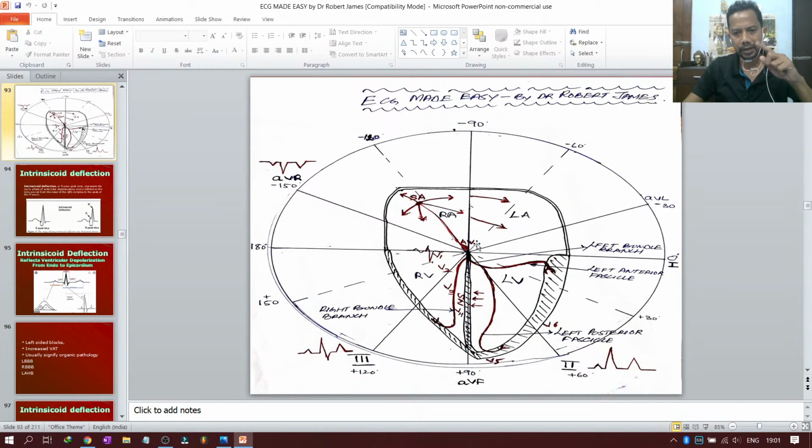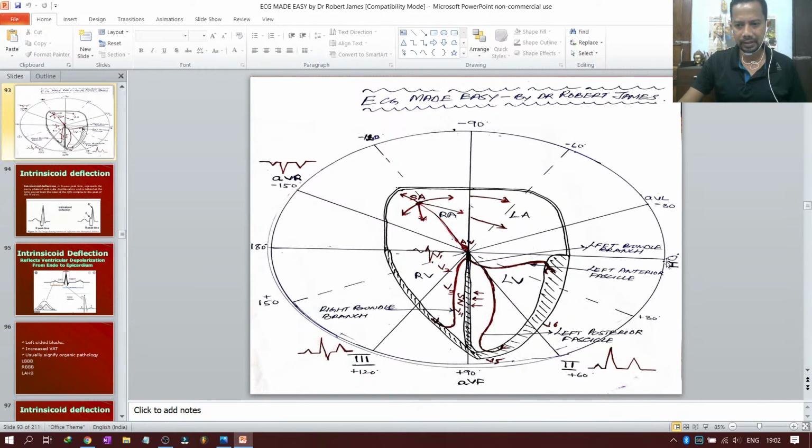Now we come to right bundle branch block. So we have blocked the right bundle branch out here, and what will happen? The right bundle branch is blocked, so now the current is coming from the left bundle branch to stimulate the right ventricle, because the right ventricle also has to pump. So the current is coming like this, from lead 1 towards aVF. aVF is very happy, current is coming, so it is positive, positive, positive.